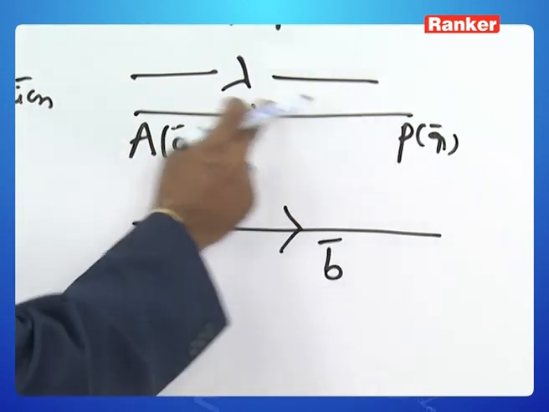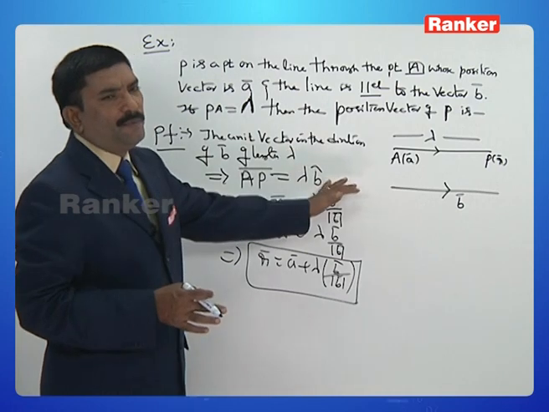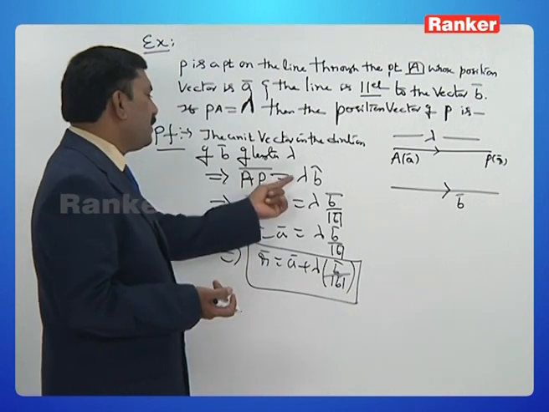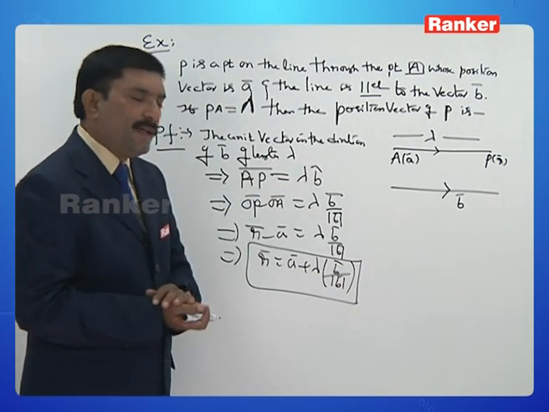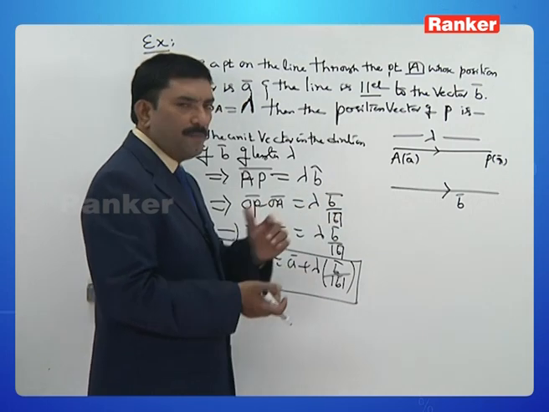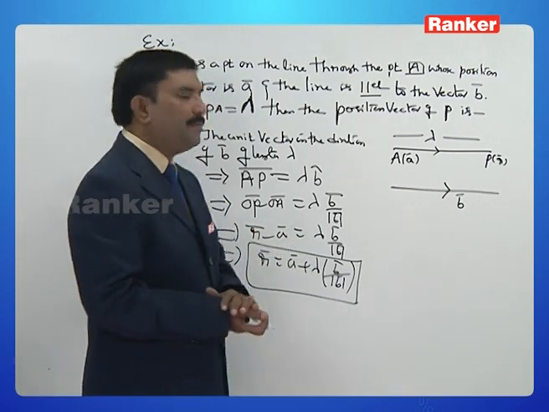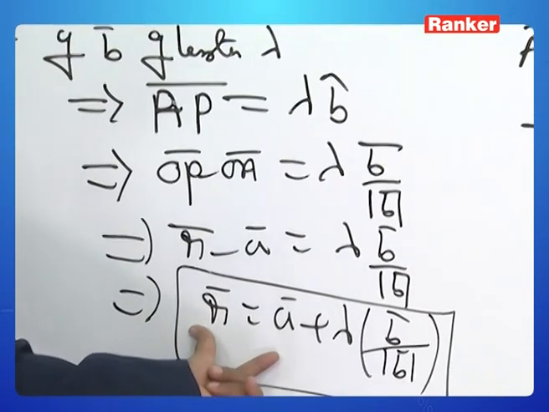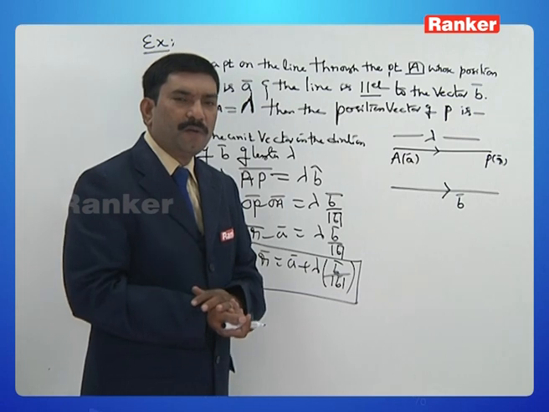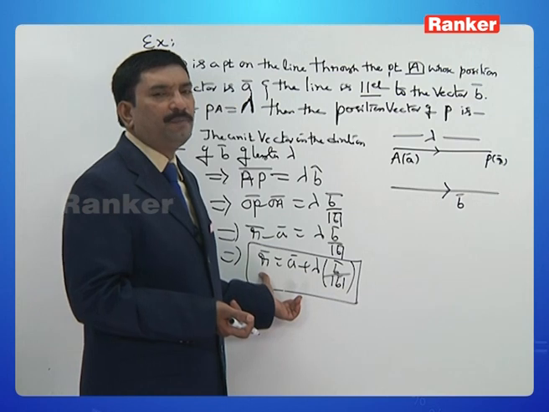But the length of PA is lambda. I took the unit vector in the direction of b bar, so AP bar is parallel to b bar, and I took lambda into b cap, of length lambda. Therefore OP minus OA equals lambda into b bar by modulus of b bar, so r bar minus a bar equals lambda into b bar by modulus of b bar, and r bar equals a bar plus lambda into b bar by modulus of b bar. This gives the position vector of the point P.